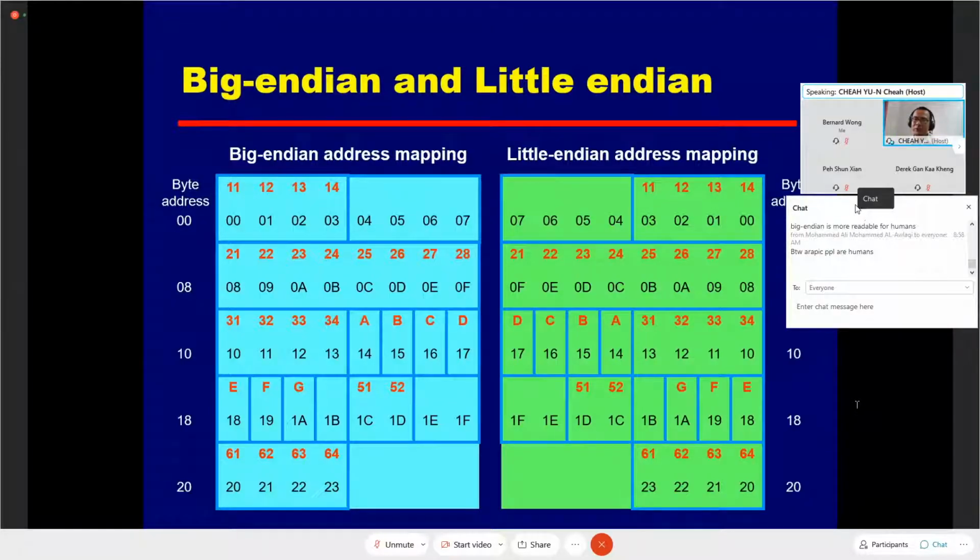Is big endian more readable to humans? Yes, more readable to humans, but the computer doesn't care. Because if the computer has already been programmed to read it like that, the computer doesn't care. Arabic people are humans. Yes, but you have been trained to read from right to left. So it's like the computer.